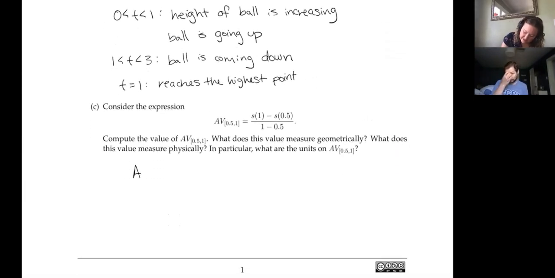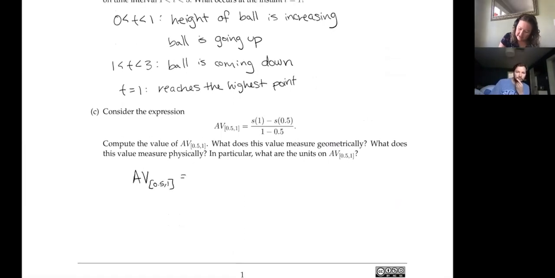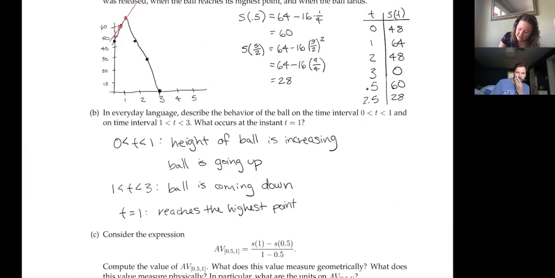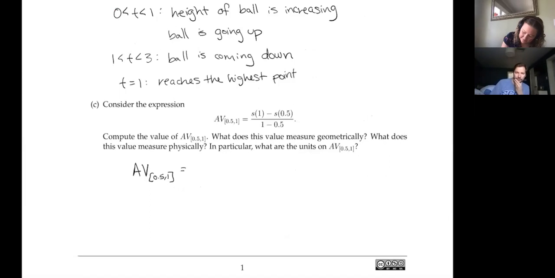So if we go ahead and actually solve this, S of 1, we said, was 64, and S of 0.5 is 60. So we get 4 divided by 0.5, which is 8. And what would the units on this be?